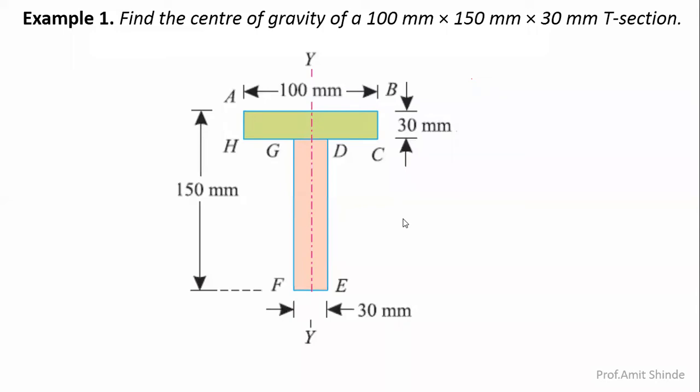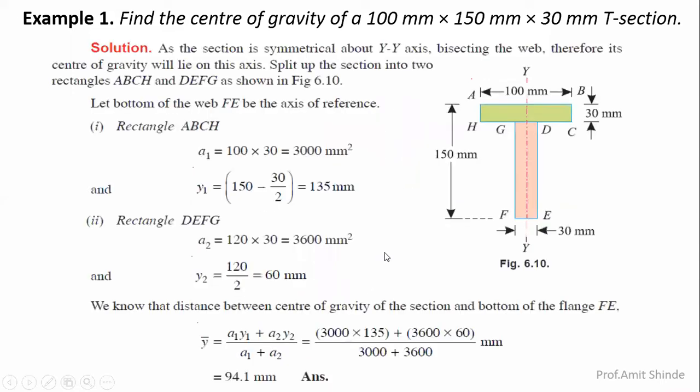How do we find the CG of that particular figure? As we know that the figure is symmetrical, it means that the CG lies anywhere over this line only. Only what we have to locate is the x-axis over this figure. This section is symmetrical about the y-axis.